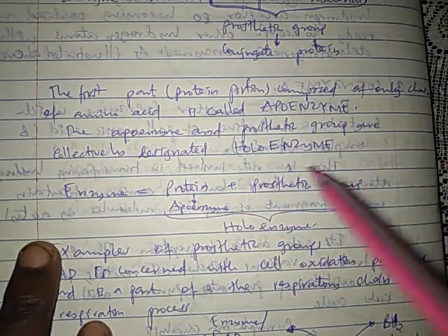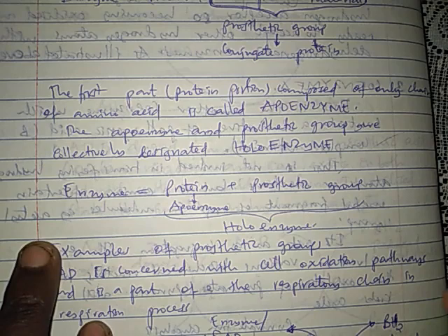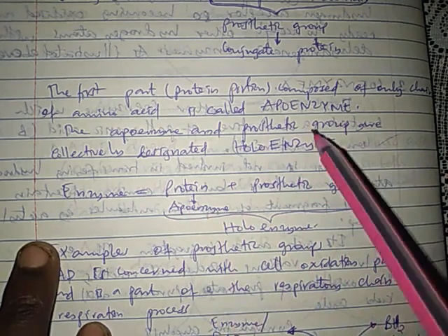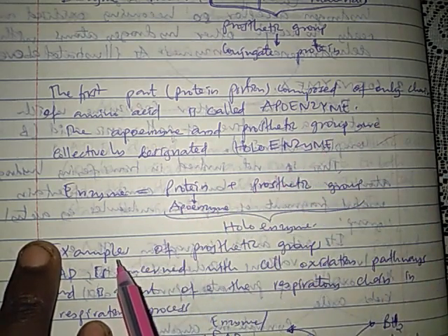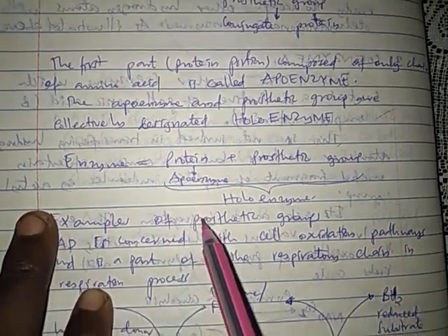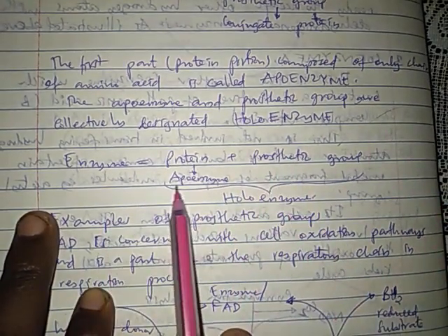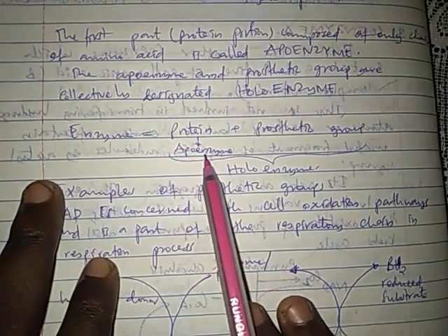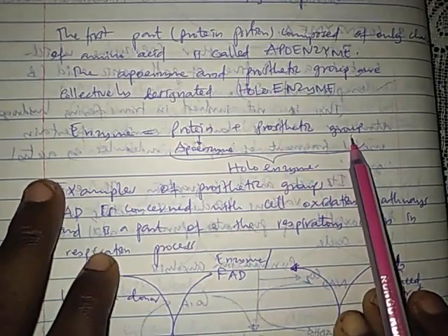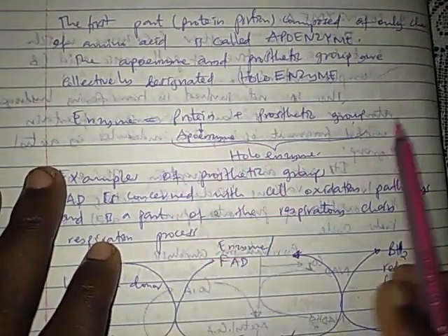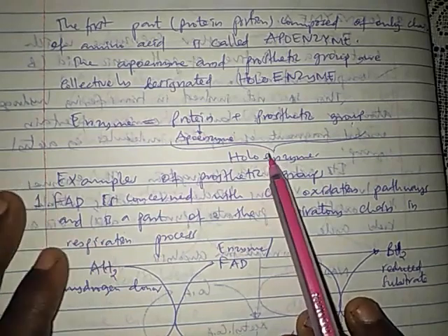So apoenzymes plus prosthetic groups, they are called holoenzyme. Now enzyme is equal to protein plus prosthetic group, or enzyme is equal to apoenzyme plus prosthetic group, and the whole molecule is called holoenzymes.